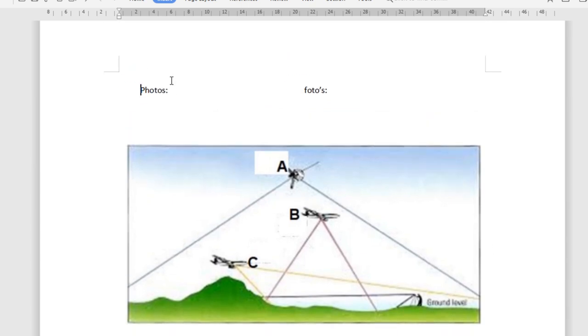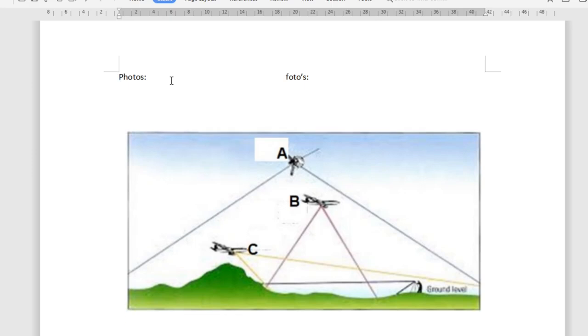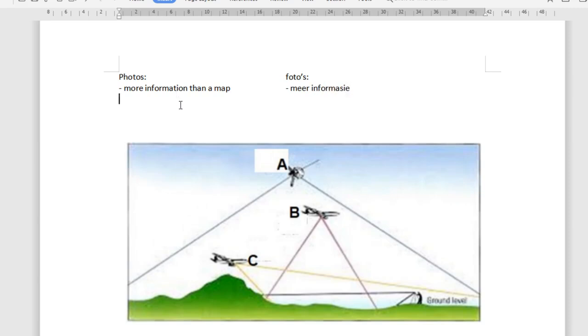Okay, nou kyk ons na die verskillende foto's. So ons gebruik lugfoto's om vir ons meer informasie te gee as wat 'n kaart kan. So it can give us more information than a map. Not necessarily more always, you have to look at them both together.